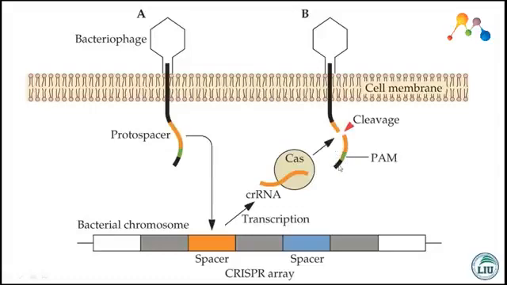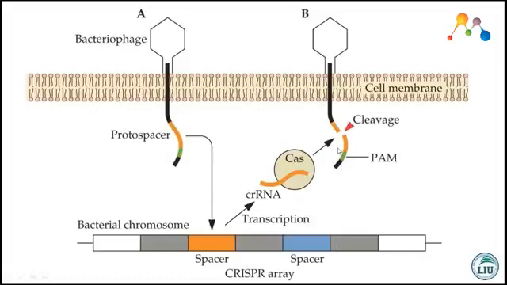This PAM is a protospacer adjacent motif, and it is proper to the bacteriophage DNA, but not the bacterial DNA. So the Cas9 does not bind and does not alter a DNA without the presence of the PAM.